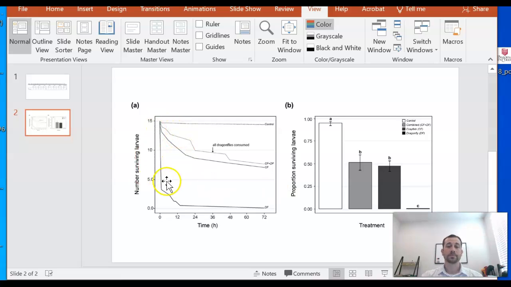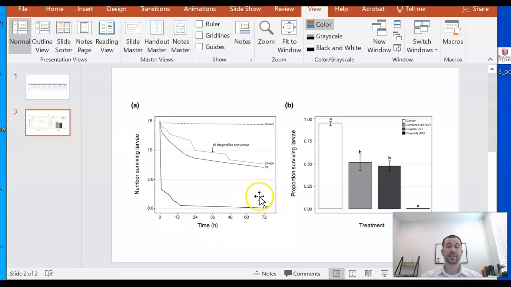Now when you introduce either of those predator species or both of them as a treatment, there's going to be a dramatic decrease in mosquito larvae number.